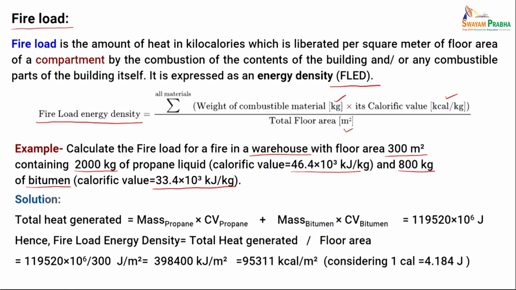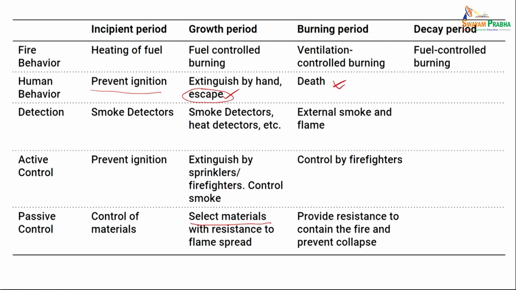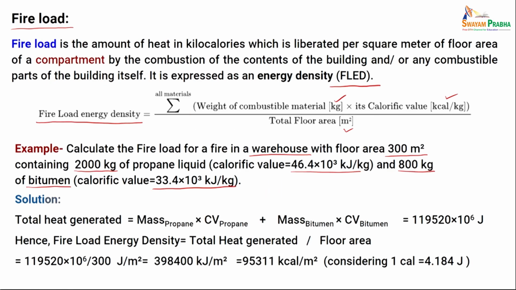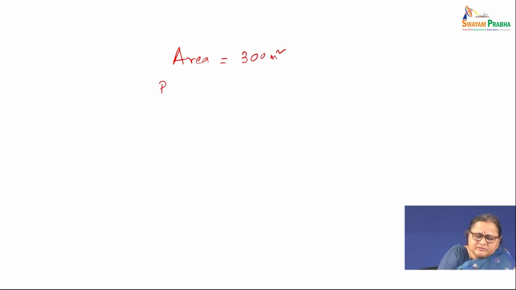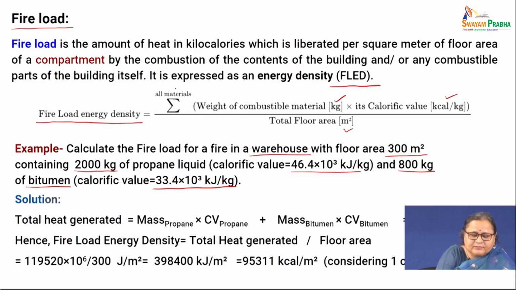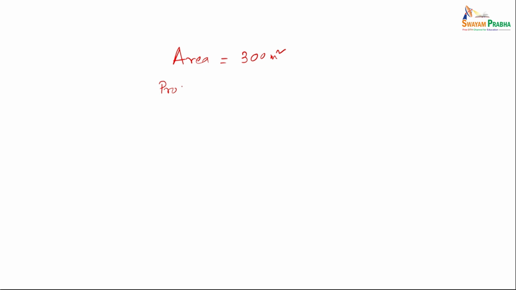So, if we go by the formula, what will happen? The area of the floor is 300 meter square. One was propane liquid, other was bitumen.